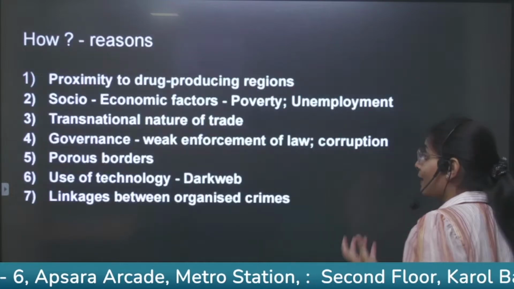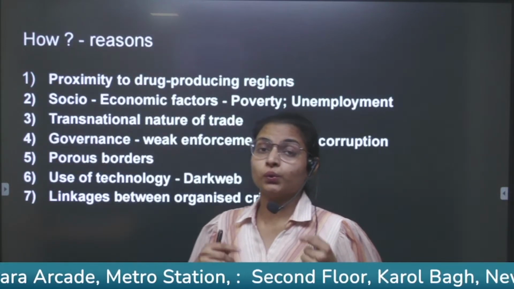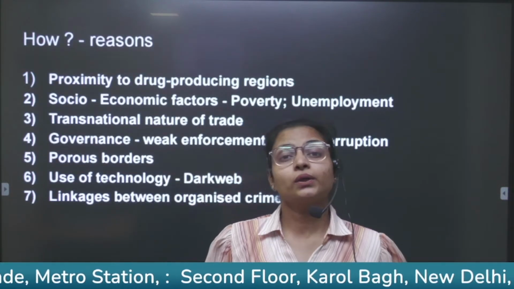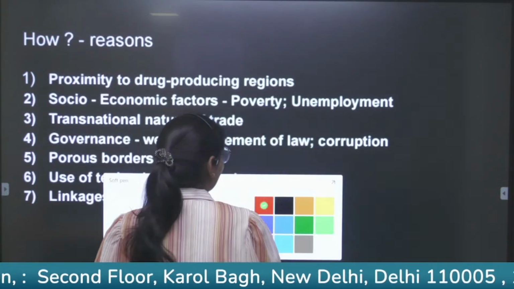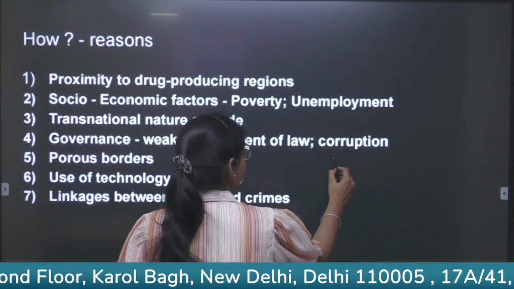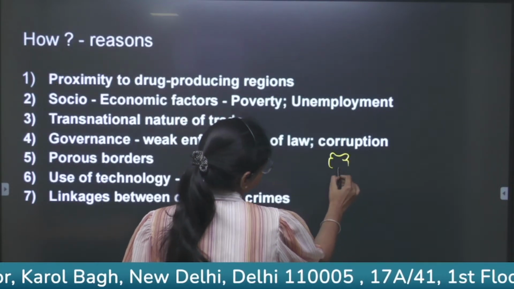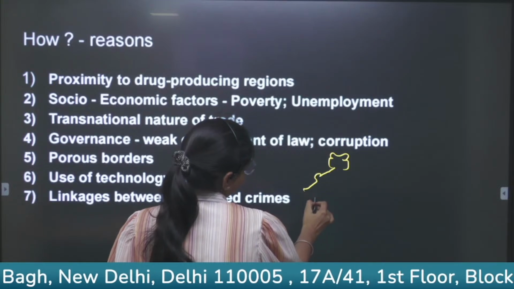You can draw a map in the exam to show the Golden Crescent and the Golden Triangle, and with a simple map you can also show how the drugs are infiltrating into our country.